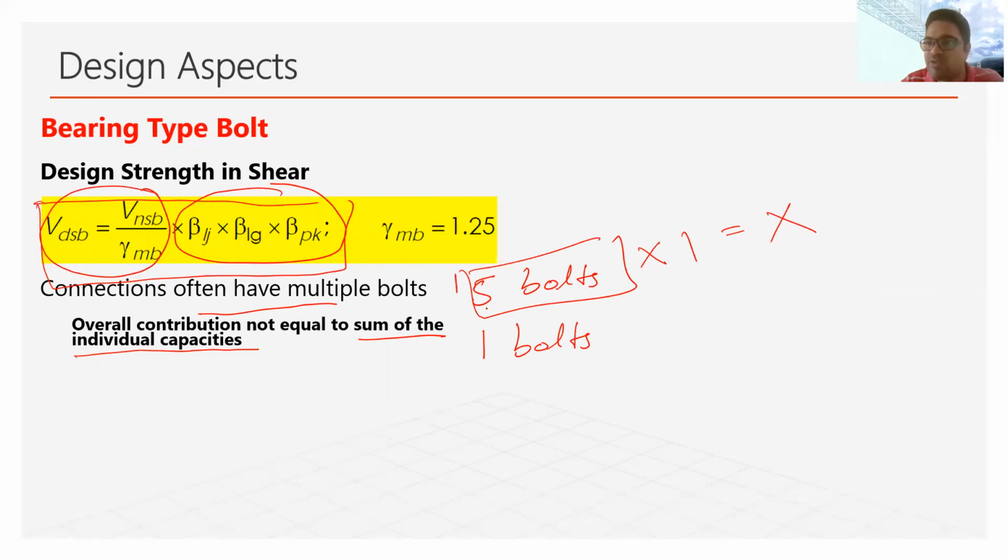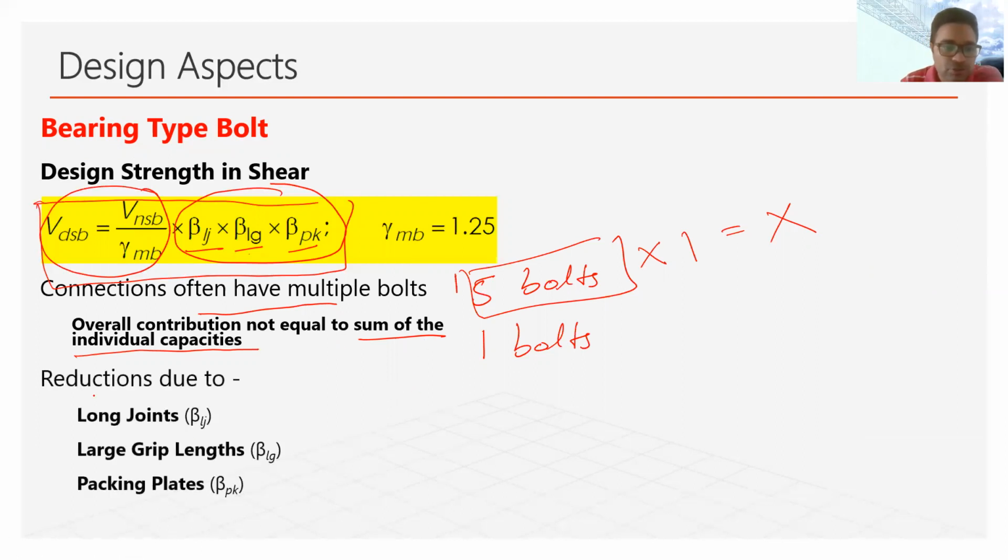This will not work here because of some factors, and those factors are beta Lj, beta Lg, and beta Pk. So we will understand the meaning of beta Lj, Lg, Pk. The reduction of the strength is largely because of these 3 factors, and we will understand how we calculate them.